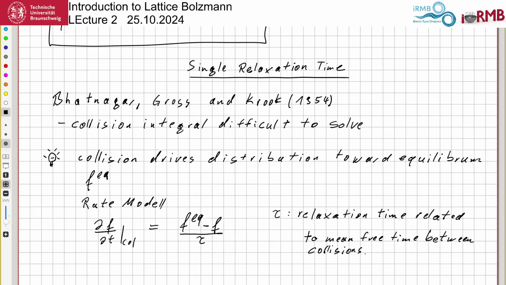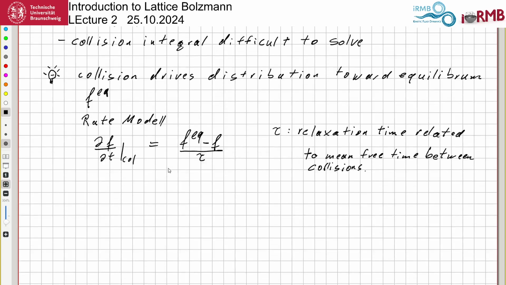Then the post-collision distribution function at a later time t plus delta t could be derived from this integral: f of t plus delta t is the integral from t to t plus delta t of f equilibrium minus f, over tau, d tau.